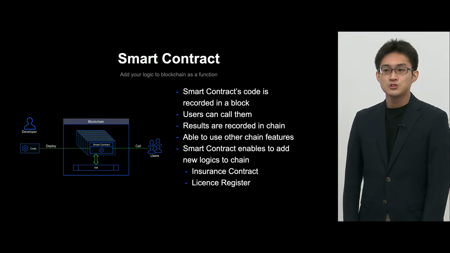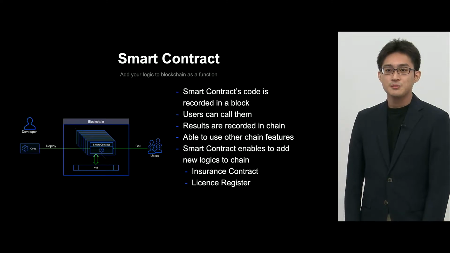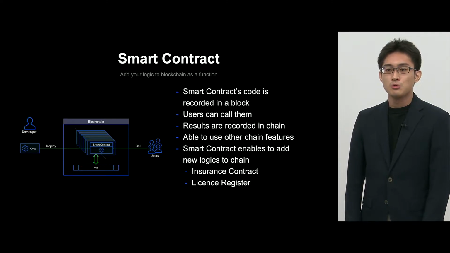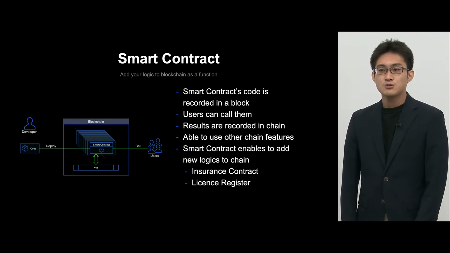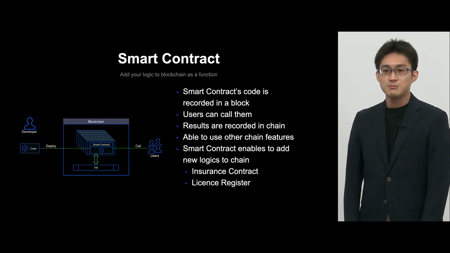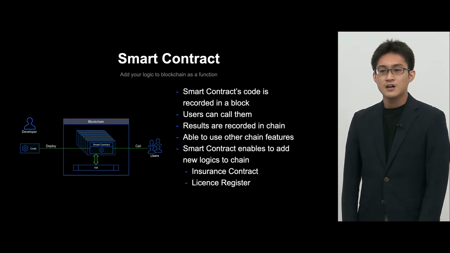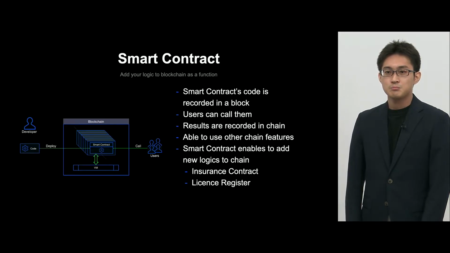The program that is executed and stored in the chain is run by the technology called smart contract. Smart contract is stored in the blocks, and the users can execute this code, and it is done by VM provided by the chain. And the execution and the results will be recorded in the chain.